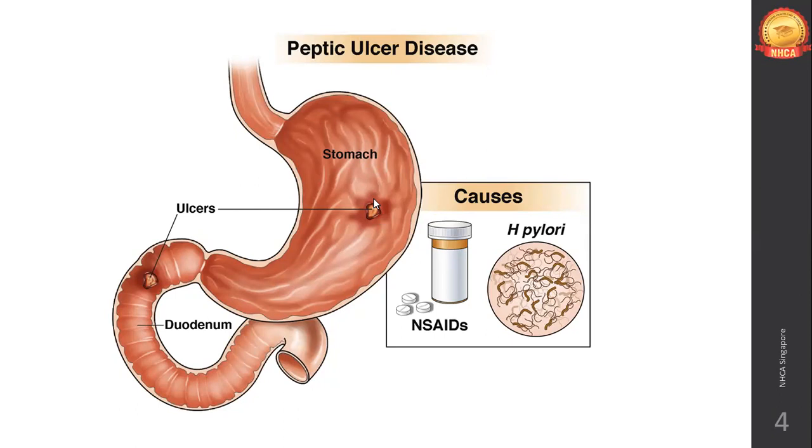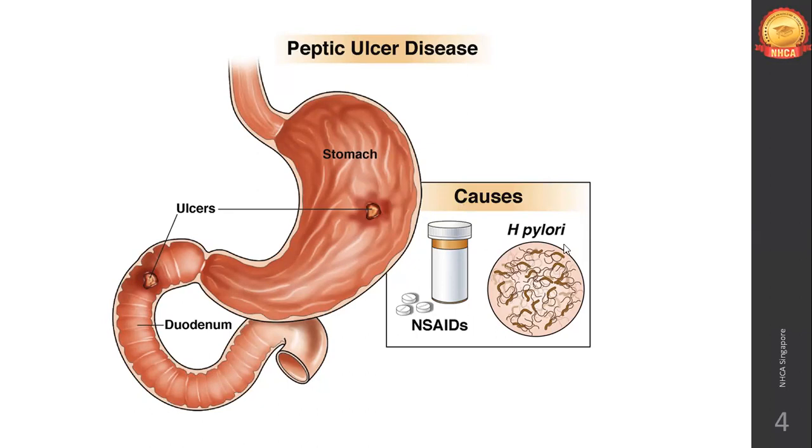So peptic ulcer can heal with medication, with dietary changes, with lifestyle changes. You can heal peptic ulcers. But once the scar tissue has formed, whichever area was affected by the peptic ulcer will lose its function.